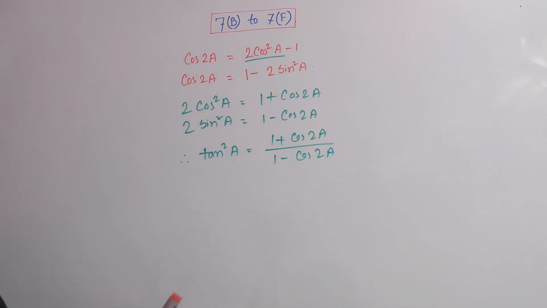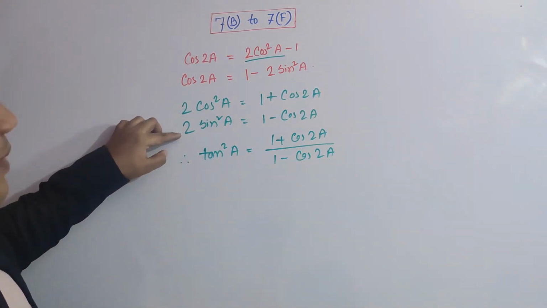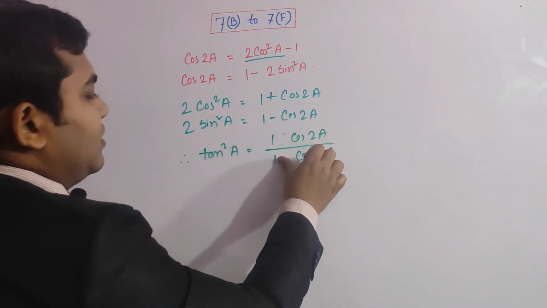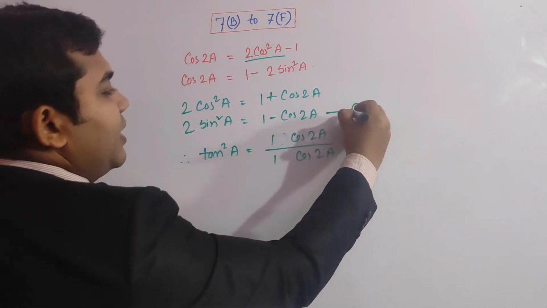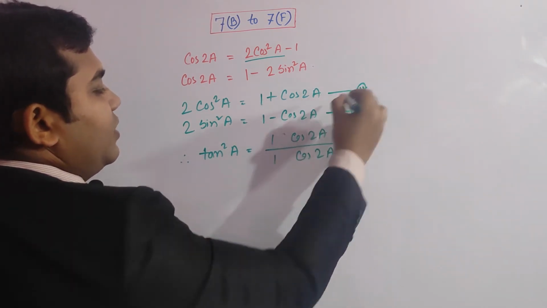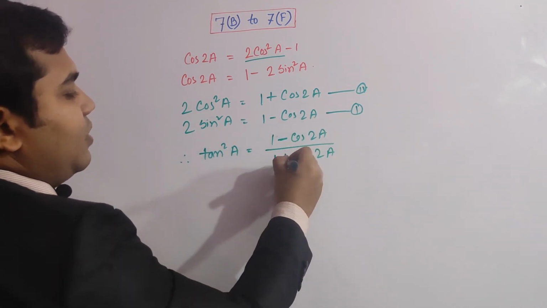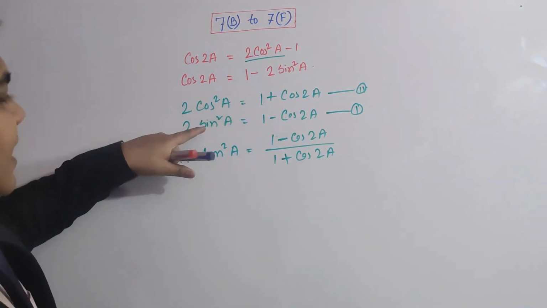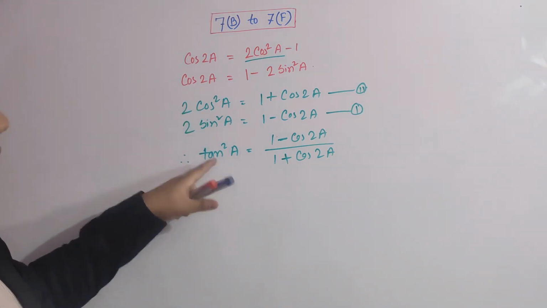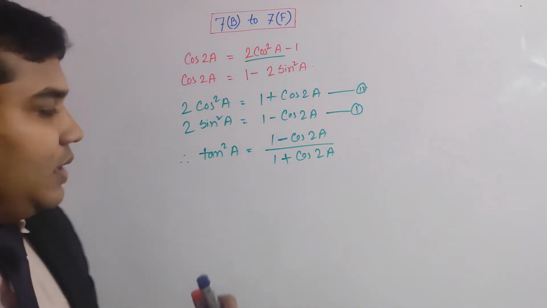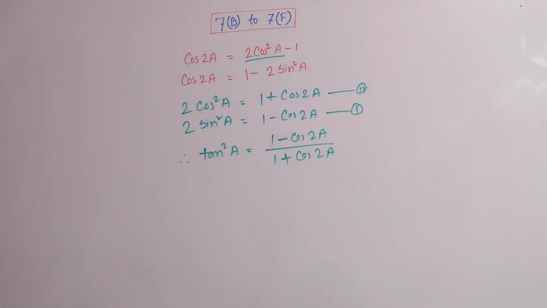If we divide the other way, this part 1 divided by 2, then we'll get 1 minus cos 2a divided by 1 plus cos 2a, because we know sin theta divided by cos theta is tan theta, and the 2 will be gone. So 1 minus cos 2a divided by 1 plus cos 2a. If tan theta equals this, then what will be our other two, that is sin or cos?